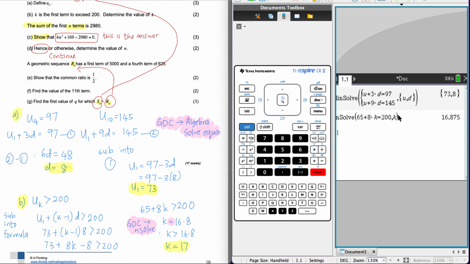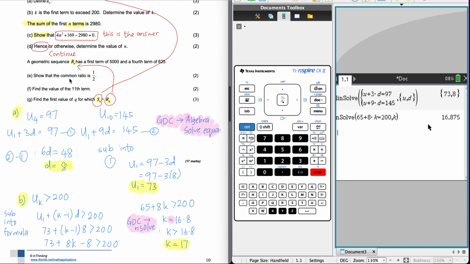What is k actually? k must be a positive integer, because k counts terms: 1, 2, 3, 4. Since this is 16.8, k bigger than 16.8 based on the sign, so k equals 17.